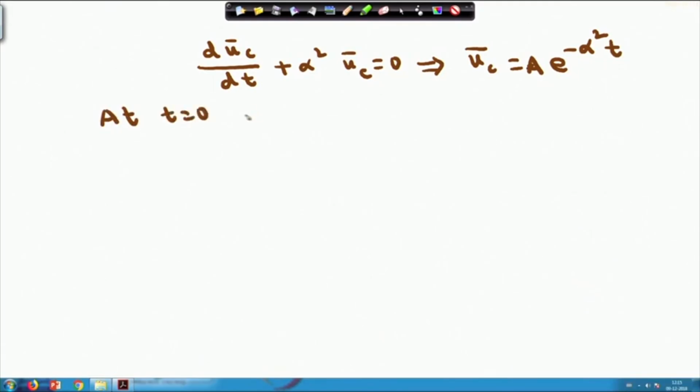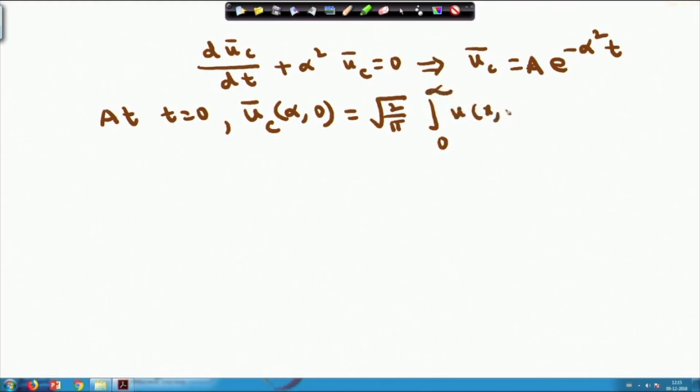What is the value of u bar c(alpha, 0)? From the definition, you can write root over 2 by pi, 0 to infinity, u(x, 0) into cos of alpha x dx, because u bar c is this. So, this equals root over 2 by pi. The function is defined for 0 to 1 as x, so u(x, 0) is x, it is given from 0 to 1.